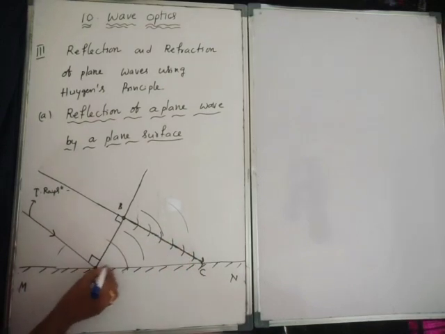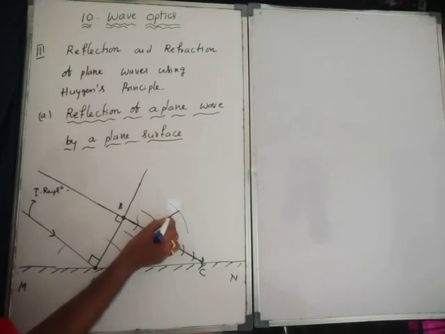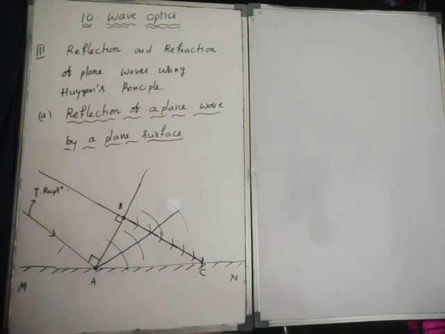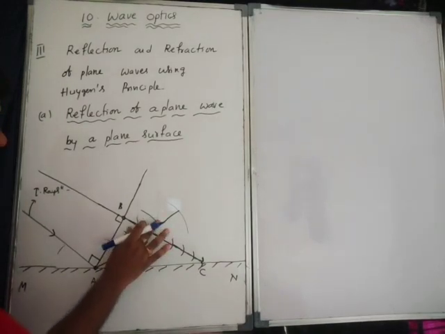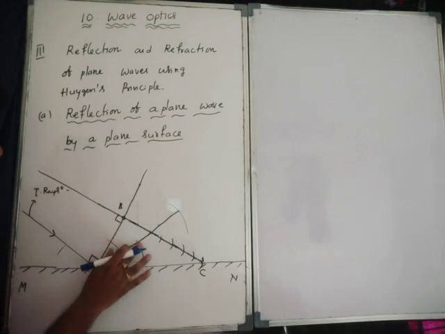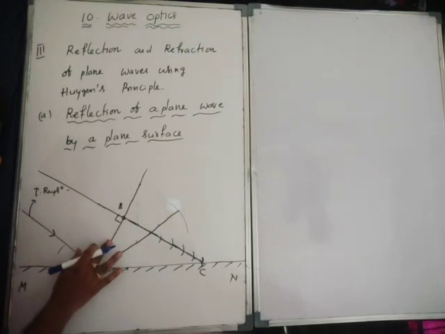This is the reflected ray. The reflected ray is perpendicular to the wavefront. Now, for diagram purposes, I will consider only two wavelets.